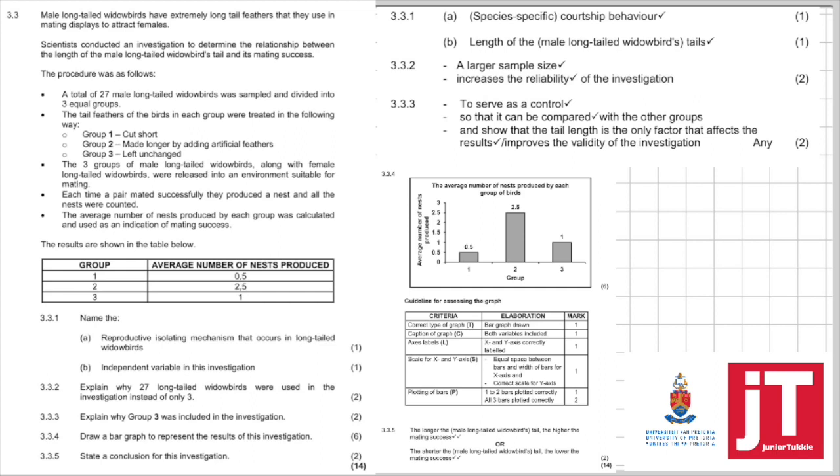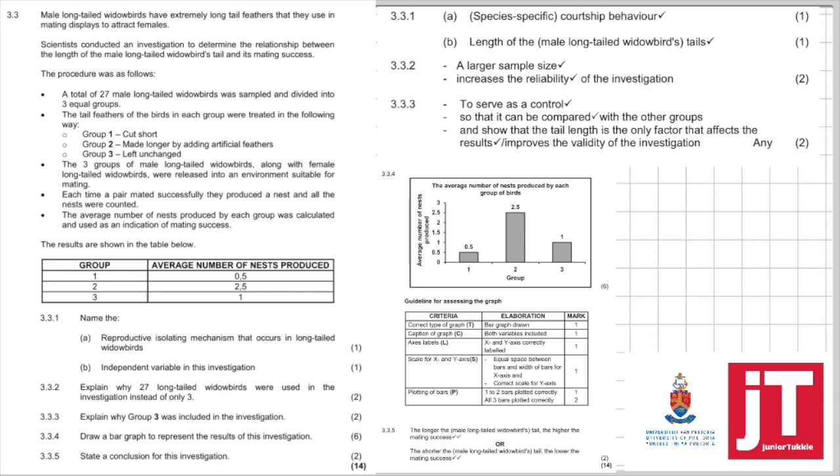The tail feathers of the birds in each group were treated in the following way. Group 1 was cut short, Group 2 made longer by adding artificial feathers, and Group 3 left unchanged. The 3 groups of male long-tailed widow birds along with female long-tailed widow birds were released into environments suitable for mating. Each time a pair mated successfully, they produced a nest and all the nests were counted.